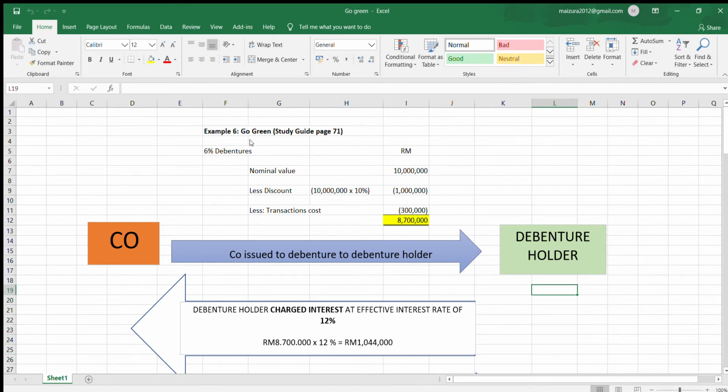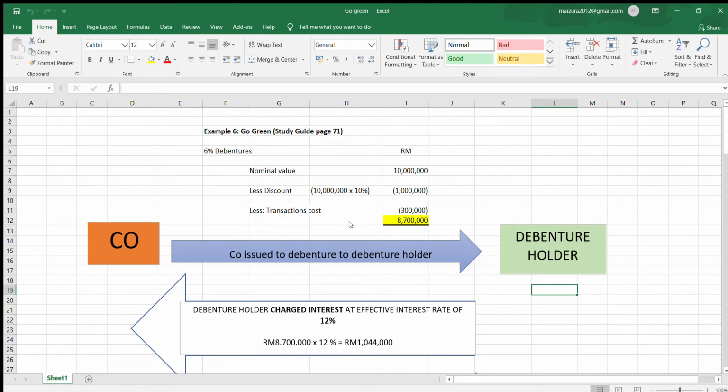Now we are going to do this question on debenture, issuance of loan capital. If you look at the question, Go Green has a nominal value of 10 million, and the issuance is at a discount of 10%. It will be redeemed after 3 years, which will be a later topic.